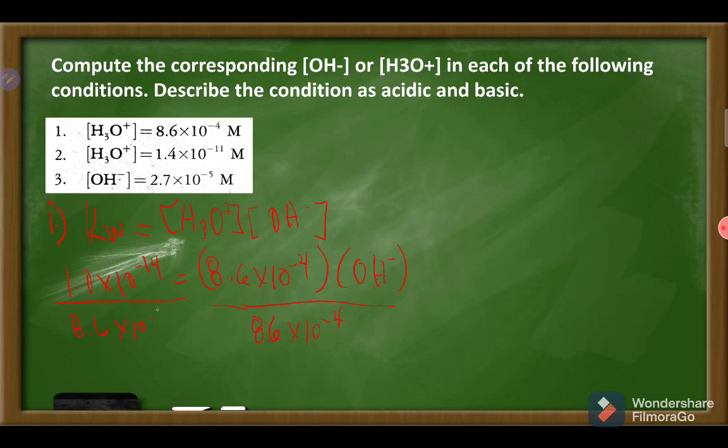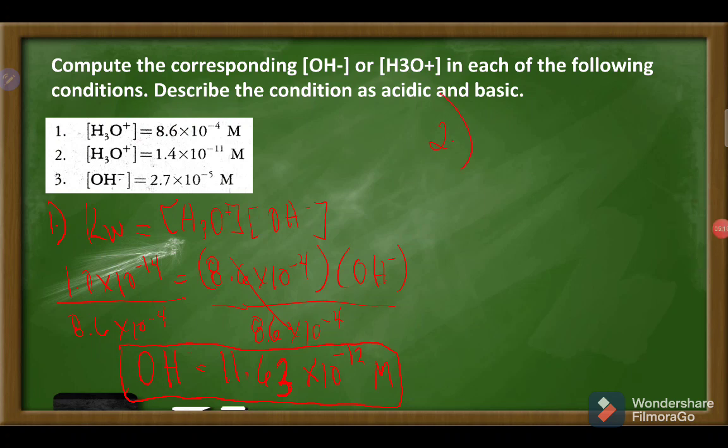So we have the value of the hydroxide ion, which is equal to 11.62, or let's have two decimal places, 11.63 times 10 raised to negative 12 molarity. So that will be the concentration of the hydroxide ion. Now let's try another one. Let's have number 2.